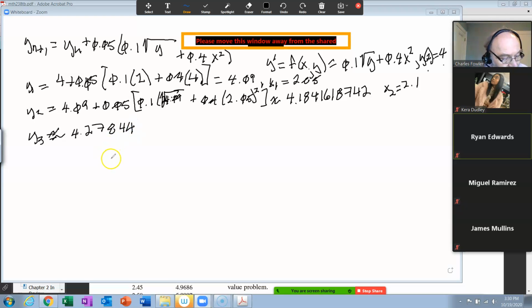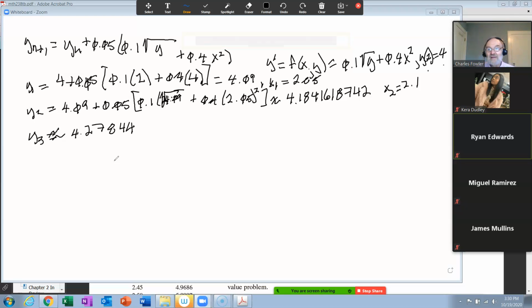See what the book got? 4.2826. Now I may have made a mistake on my calculator. That could have happened. But they did round off earlier than I did. So I don't know. But rather than waste too much time doing it and checking it out, let's see what we've got.